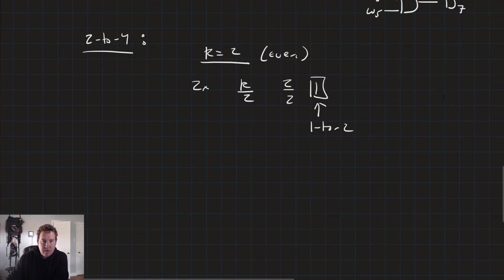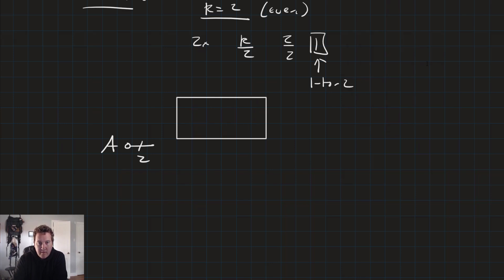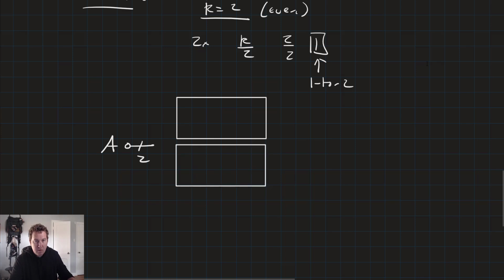So let's see. On the input side, we've got A, which in this case is going to be 2 bits. We'll have 2 1 to 2, 1 to 2.